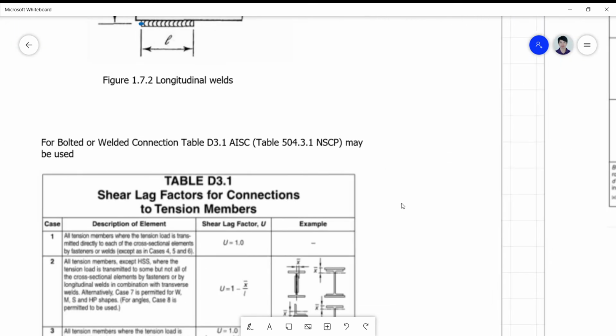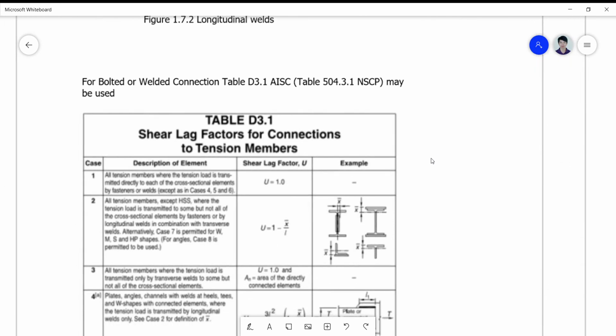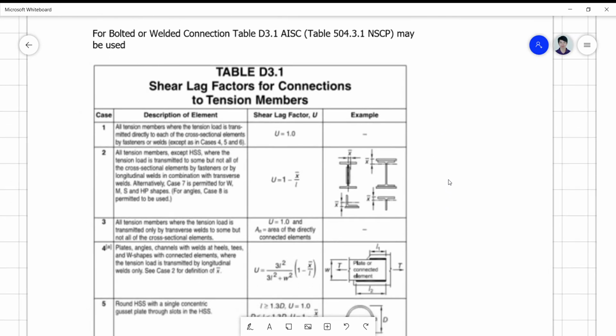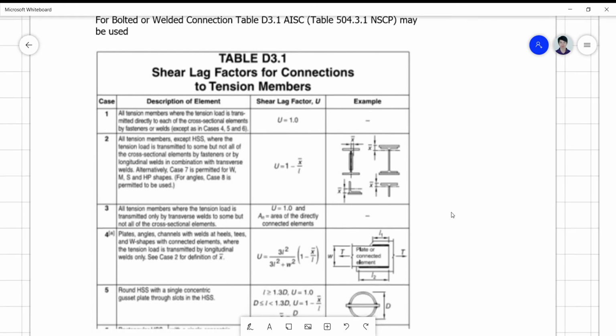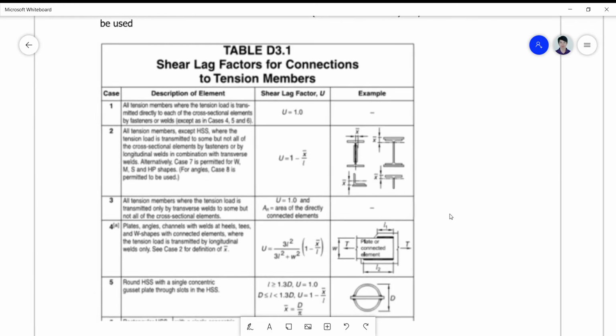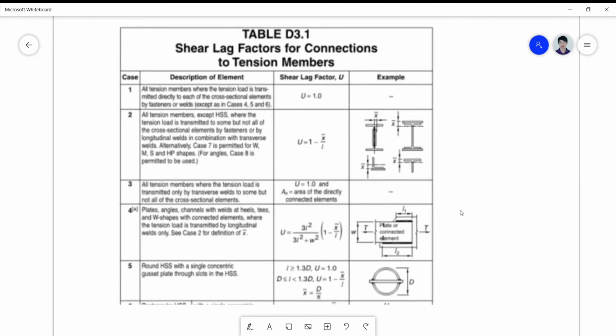Now, other guidelines for welded and bolted connections can be seen on Table D3.1 for the shear lag factors for connections. These are the usual recommended values in case you cannot come up with a decision on what to do based on the formula or the guideline presented above.